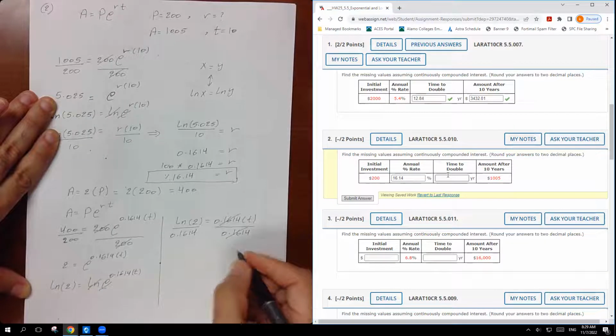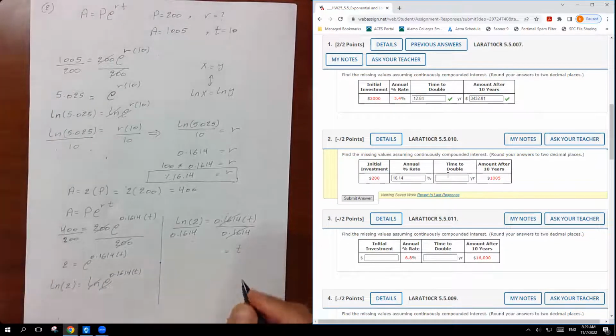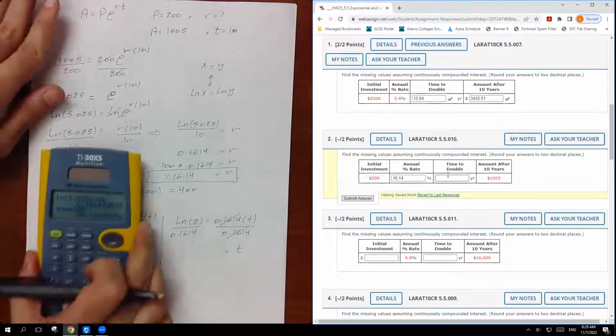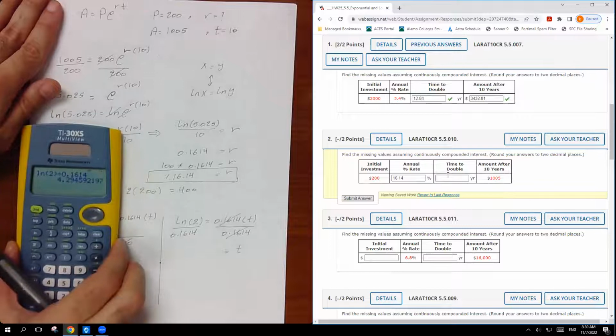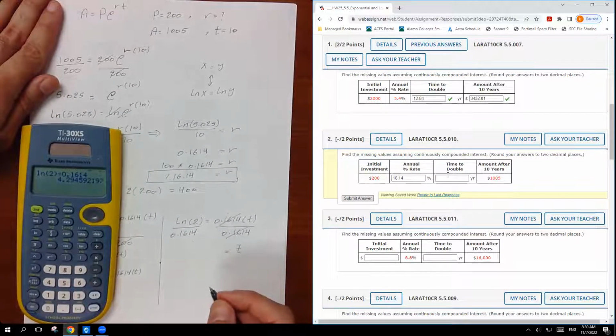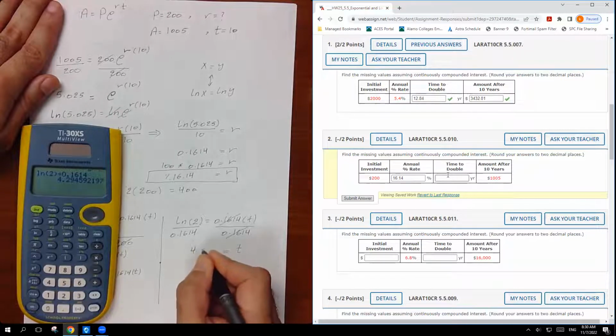Cancel here. That means the time is going to be equal ln 2 divided by 0.1614. So it'll be 4.29.